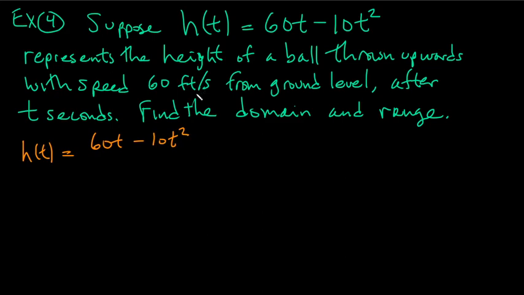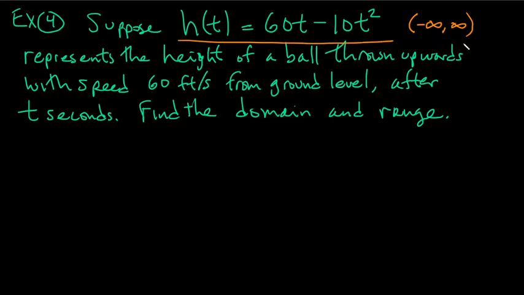And there's no square roots, which means we're not going to get imaginary numbers. So you might think that the domain then would just be all real numbers. And so, yes, if given just this function without any context, without what it represents, then that would be a reasonable answer. t could be anything.